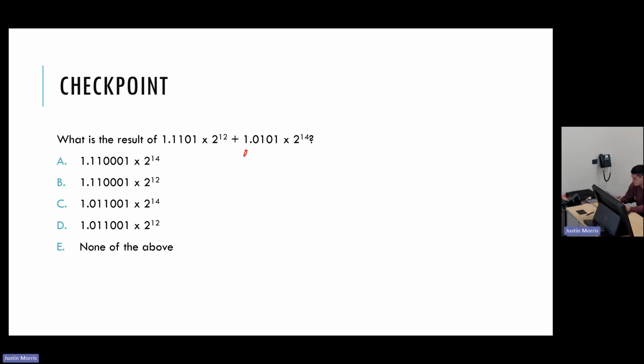So that's 1, 2. That's my 0. This is my decimal. And then I have 1, 1, 1, 0, 1, and now I'm times 2 to the 14, right?